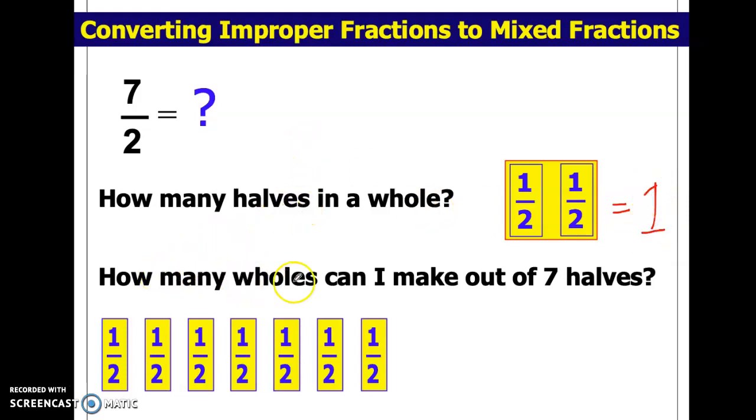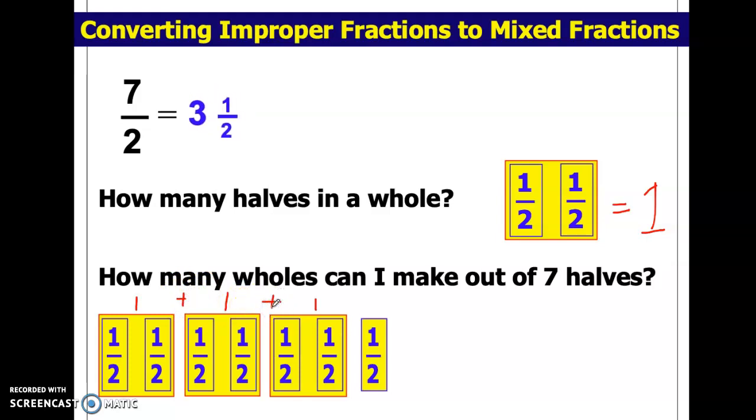Okay, so if we have a total of 7 halves, 1, 2, 3, 4, 5, 6, 7, we know that the first 2 make up 1, the second 2 make up 1 and 1. So we got 1 plus 1 plus 1, which would give us a total of 3, but we're left over with 1 half, which will be 3 and a half.